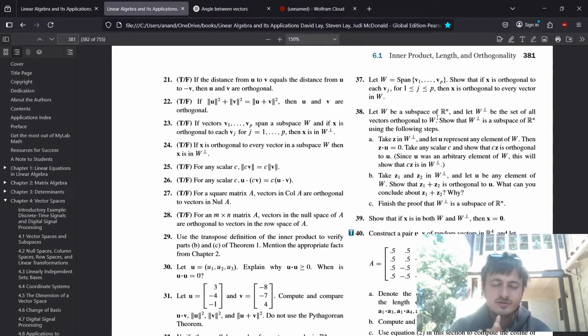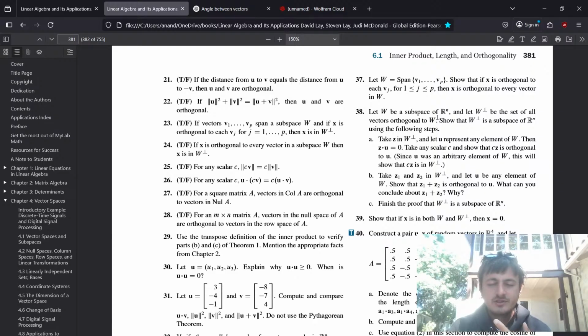So to show that 0 is a vector that is orthogonal to all vectors in W, we just note that the dot product with the 0 vector is always 0.